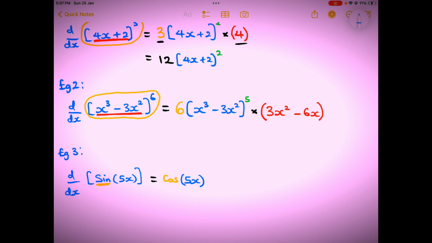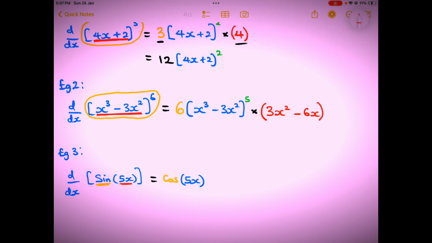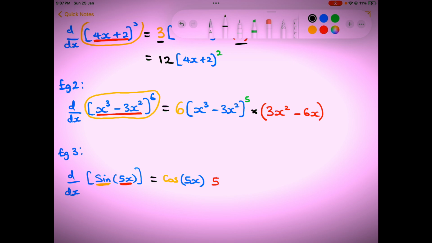From here we are not done. We now move to the inside function and also differentiate. So the inside function is 5x, and when you differentiate 5x, you get 5. So from here we multiply them.